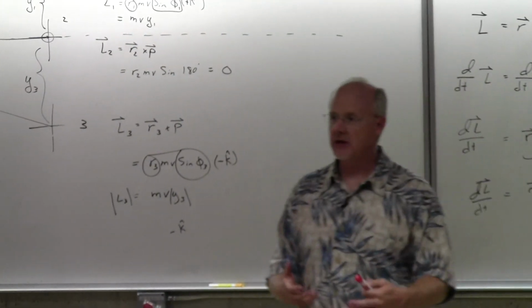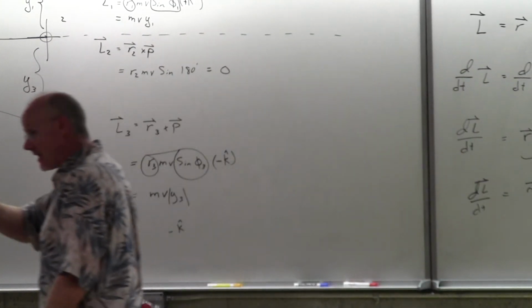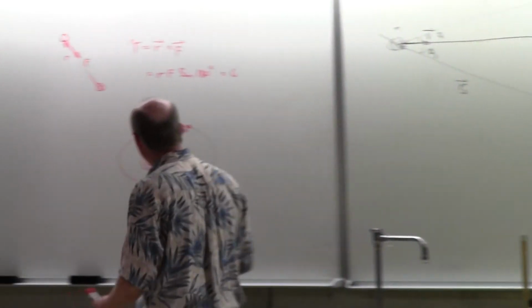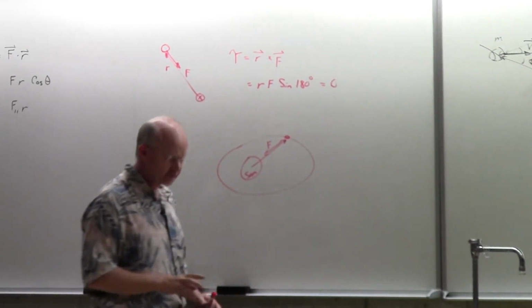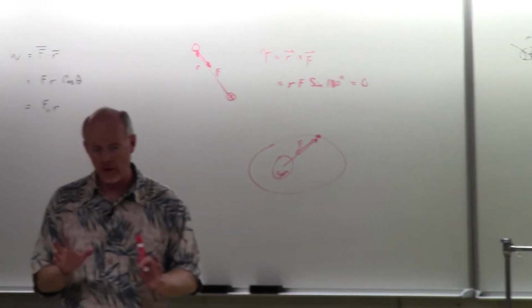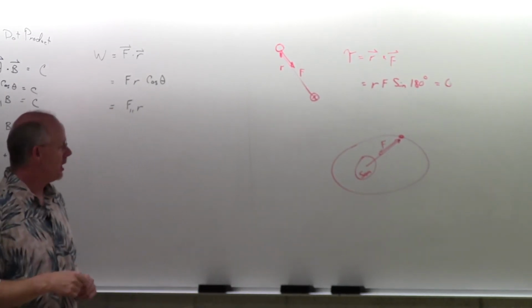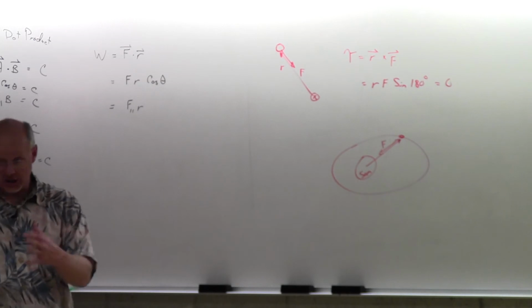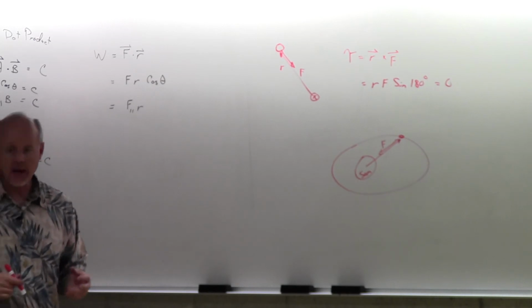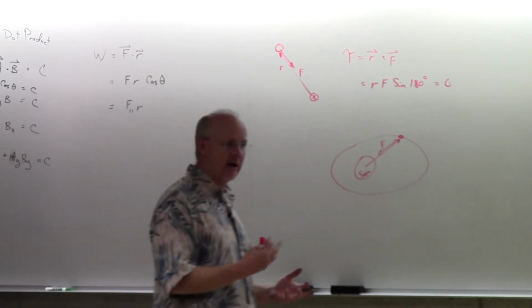It's a constant. So it's conservation of angular momentum. That's why I said I'll prove it to you later, and so we're here now, later. Anywhere along this orbit, whether it be a perfect circle or an ellipse, there is no torque. Its angular momentum won't change. Its speed will change, because is there a force on it? Yeah. So you can have a force without a torque.